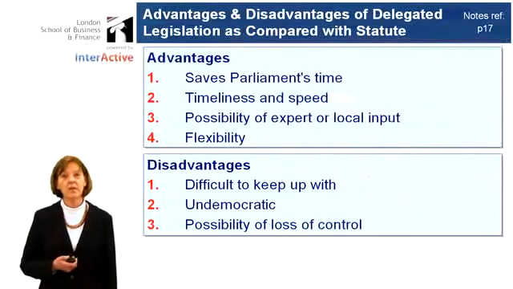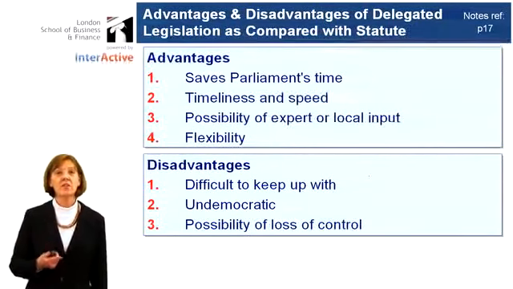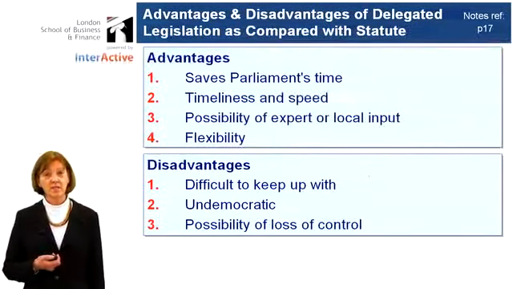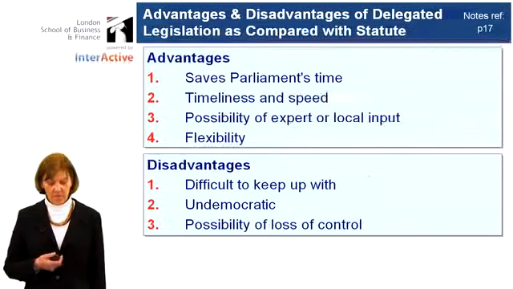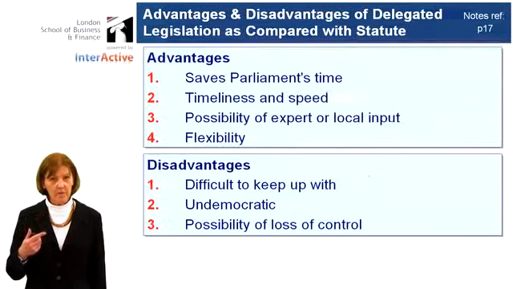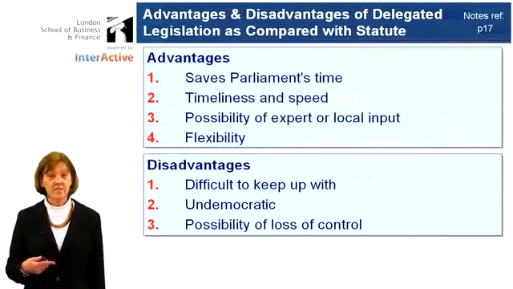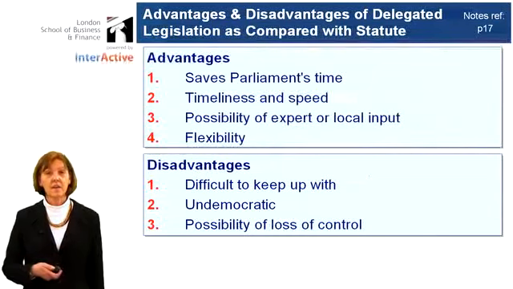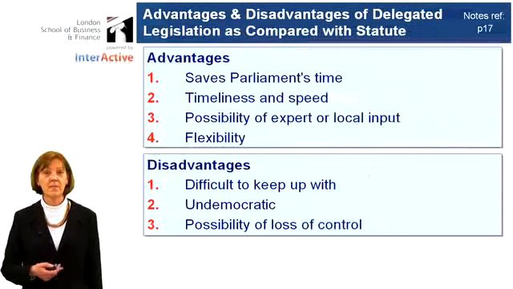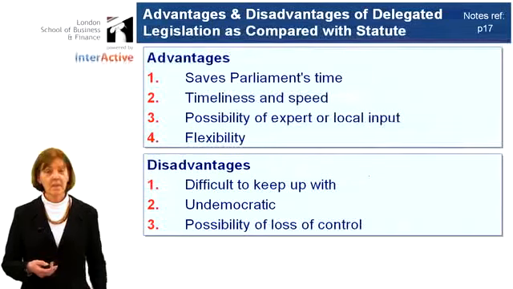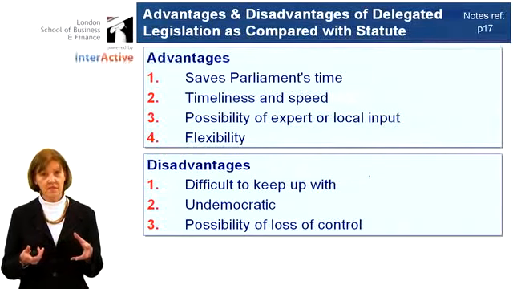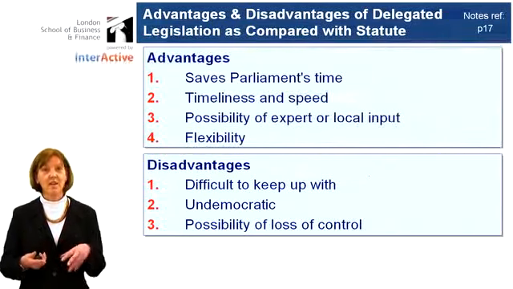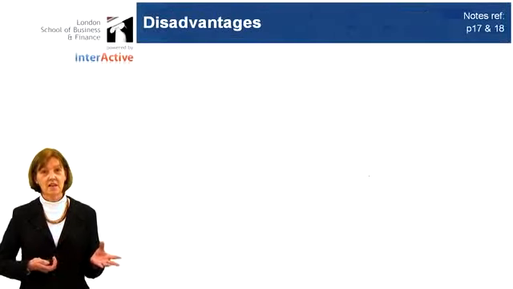And if you're just quickly looking at it, we've actually already discussed them on the way through. But the one that I want to think about a little bit more is the very last one. That's the last disadvantage. Number 3, there's a possibility of loss of control over the lawmaking process. Because if you're delegating to a minister or whatever, there's at least a danger that he might exceed his delegated powers.